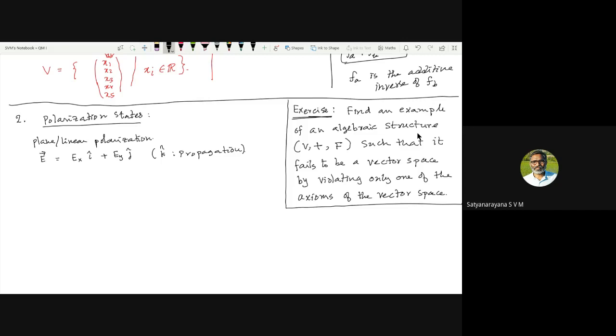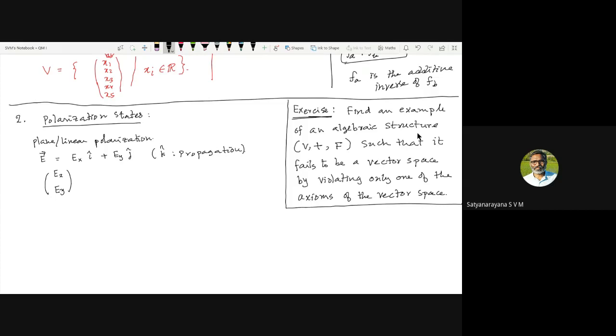So you can represent a polarization state as a column vector with Ex and Ey, and these are two amplitudes of the electric field.